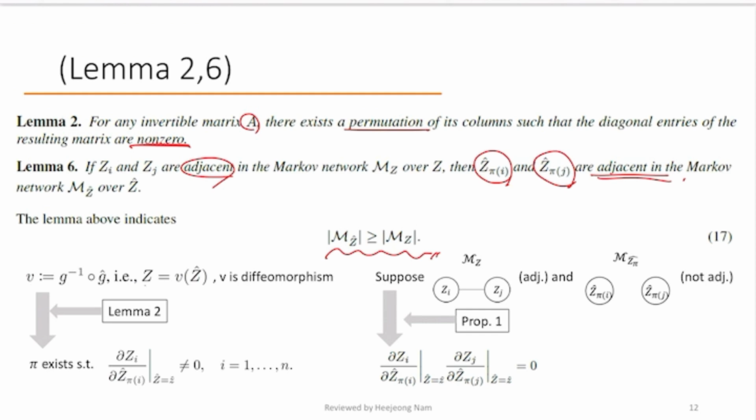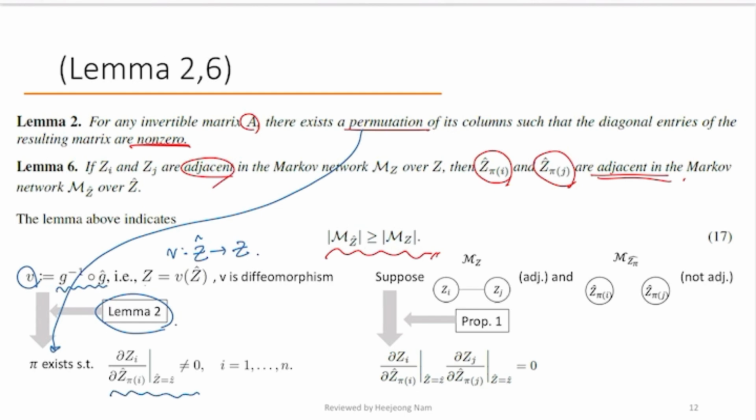First we define V as G inverse composed with G hat. It means that the function V maps the learned latent space to the true latent space. And we assume that this V is a diffeomorphism. By using lemma 2 here, we can conclude that there is a permutation pi such that the derivative like this is not equal to 0.